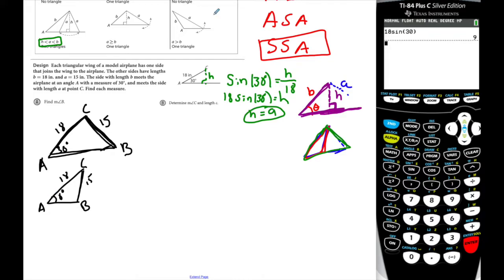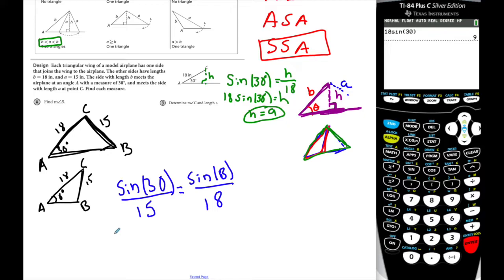So to find B, I'm going to use the law of sines. I know that the sine of A, that's the sine of 30, over the corresponding side, which is 15, has to be equal to the sine of B, which I don't know, over the corresponding side measurement, which is 18.